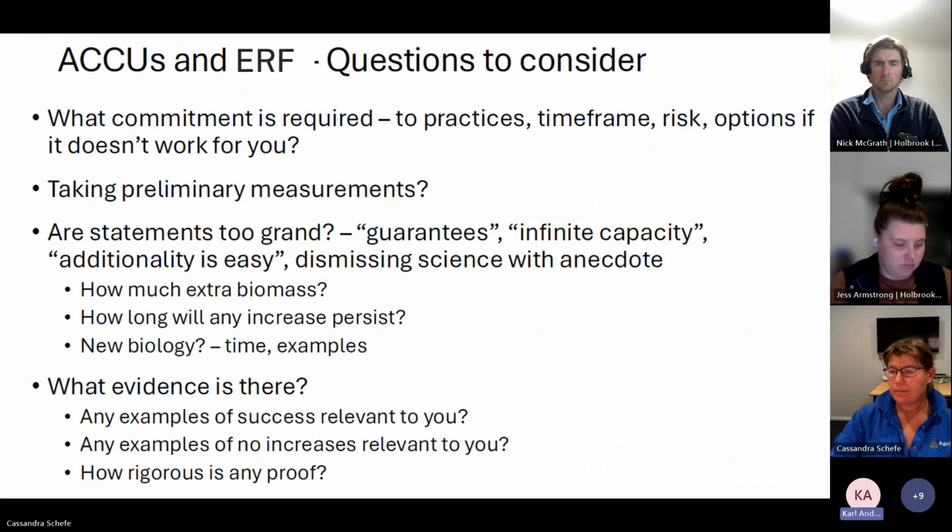Okay, so this is the last little area before we wrap up for some questions. Leading into that idea I just mentioned around carbon credits, here are some questions you might want to ask yourself or others if you're looking at undertaking a carbon project, around what commitments are required.